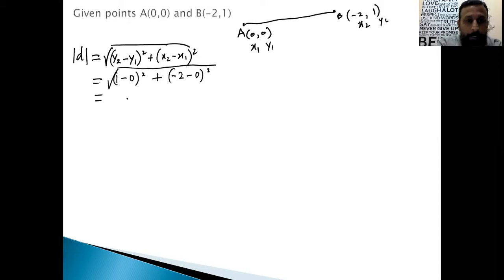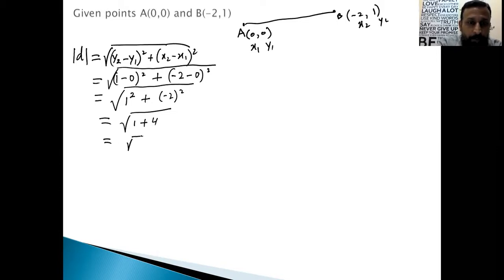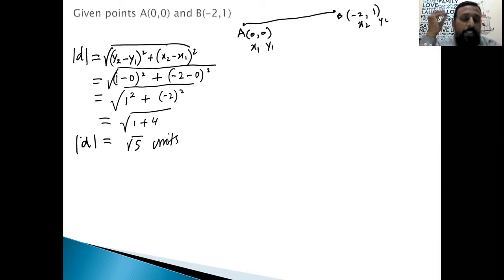So 1 minus 0 is 1, squared, plus negative 2 squared. 1 squared is 1, negative 2 squared is 4. So we have square root 5 units. This is the length of the line segment AB. You can also use your calculator to evaluate root 5, and you can also give your answer in decimals.